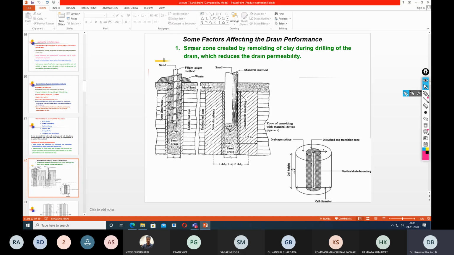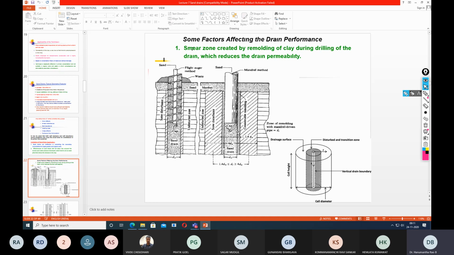So the permeability of the smear zone is different from the permeability of the original clay material, and the sand permeability is different. The smear zone is a zone created during the insertion of the mandrel into the clay soil.